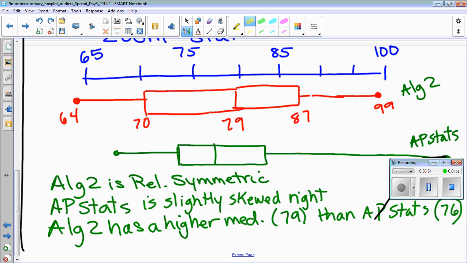One of the boxes is bigger than the other one. Algebra 2 is a bigger or a smaller one? Look at the box. The box, not the whiskers, but the box. Which one's a bigger one? Algebra 2 has a bigger spread. Then that's a visual cue. We can make that statement simply based on the graphs. Algebra 2 has a higher spread.